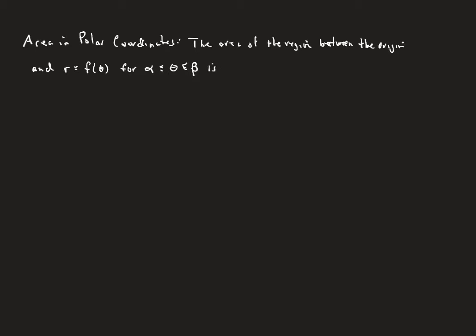What we're going to get then is our area is going to be the integral from alpha to beta of 1/2 r squared d theta. Or if you want to think of it more in terms of f of theta, we can say the integral from alpha to beta of 1/2 f of theta squared d theta.